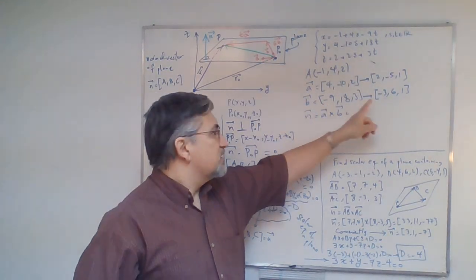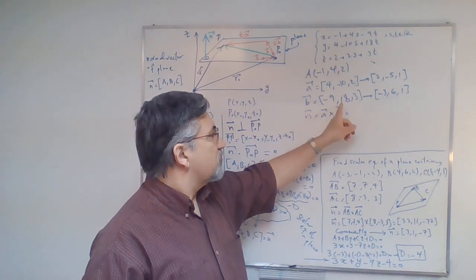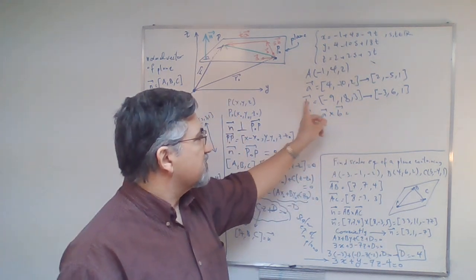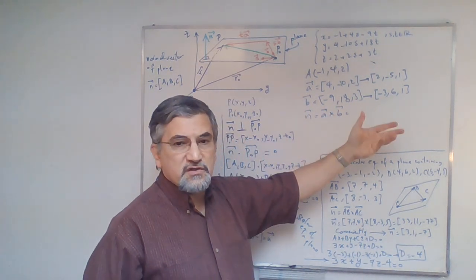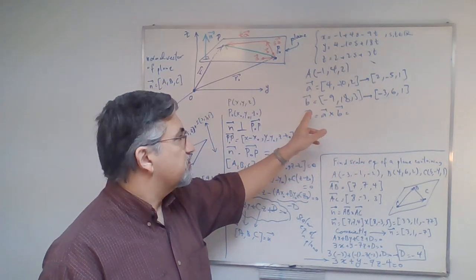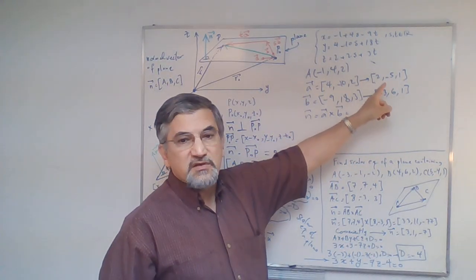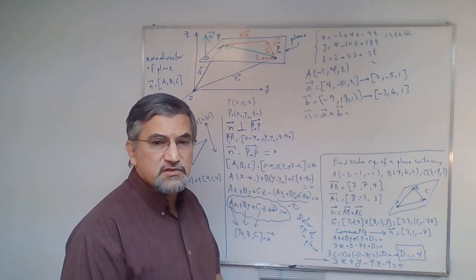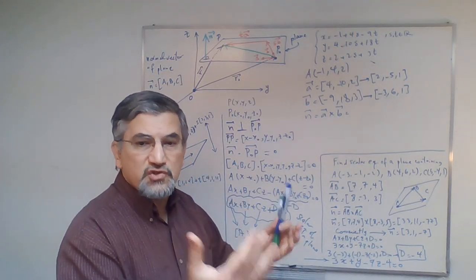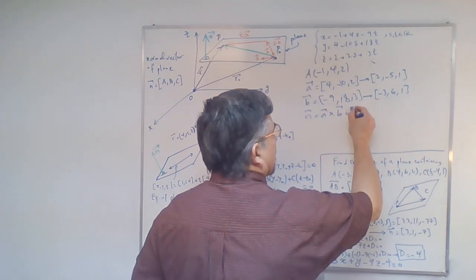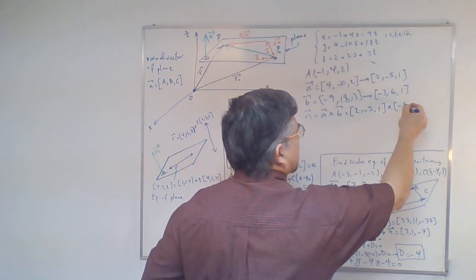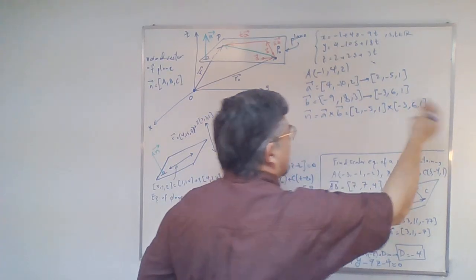-9 divided by 3 is -3. 18 divided by 3 is going to be 6, and 3 divided by 3 is 1. So instead of vector B, I picked an easier vector, which is collinear with vector B, and instead of vector A, I picked again an easier vector. So now that I want to do the cross product of these two vectors, I don't need to deal with large numbers. Okay, I will just find the cross product of these two vectors with smaller numbers.